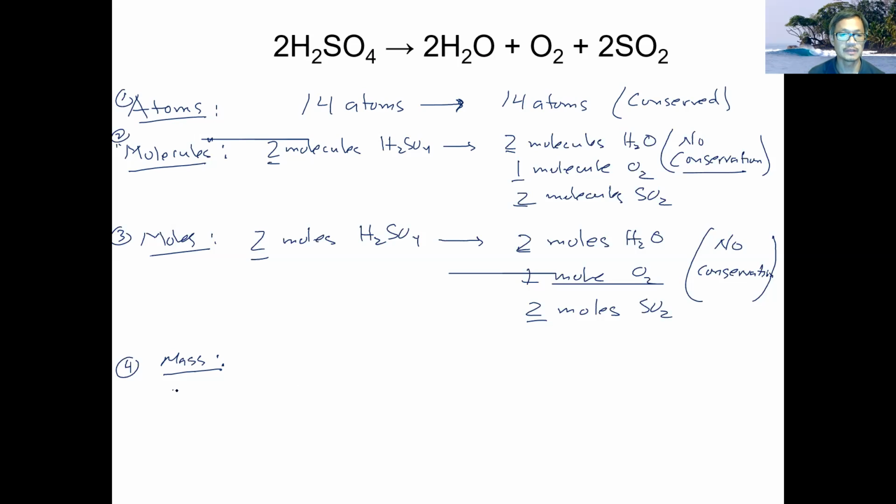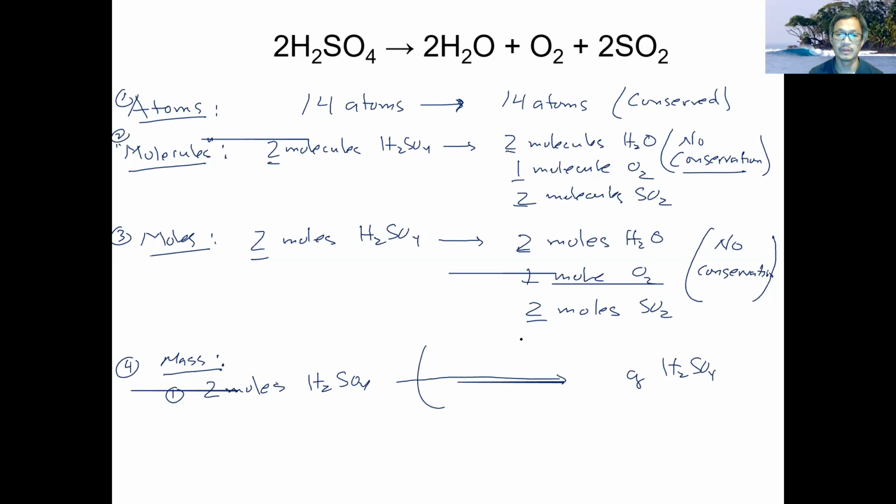Okay. So first then is we're going to go ahead and convert the moles of sulfuric acid. So we start out with 2 moles of H2SO4, and we want to find then the mass of H2SO4 that we have to start out with. Okay.